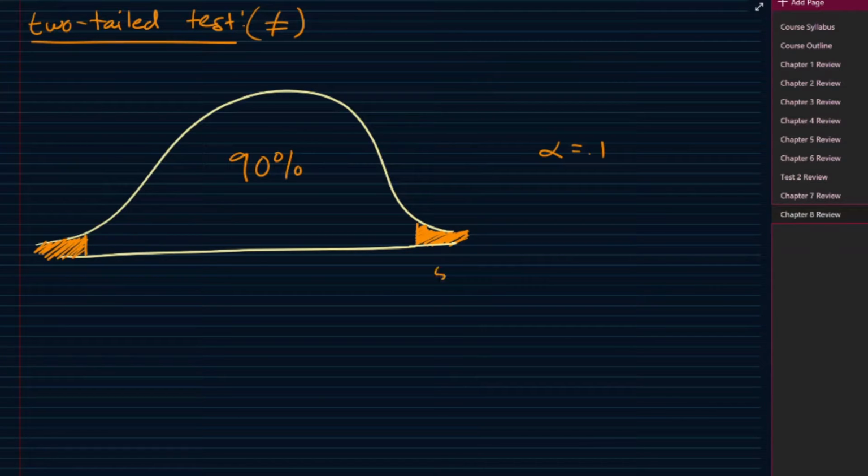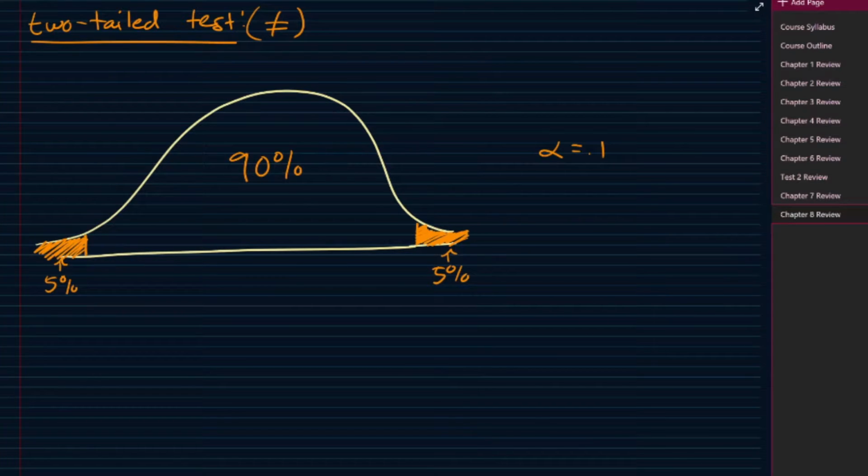This would account for 5% of the data, and this would account for 5% of the data, because you've got to cut the alpha of 10% in half, aka 0.05. But it's best to, again, draw a picture. The picture is really what will help you when coming up with these values.